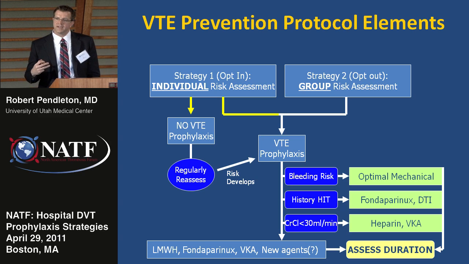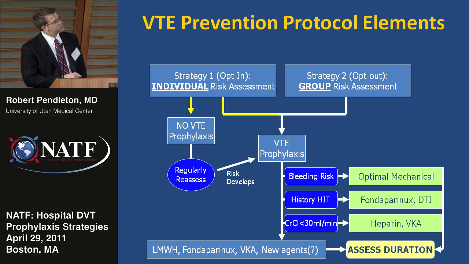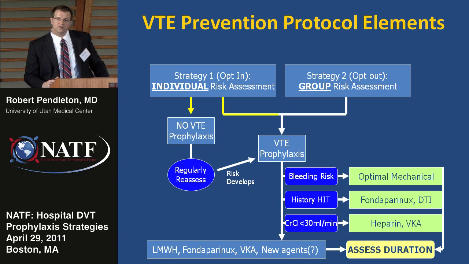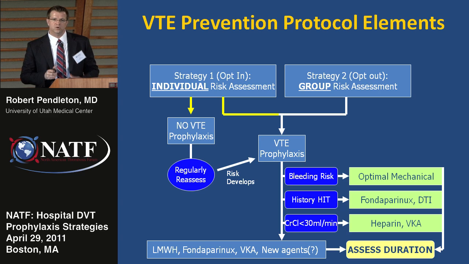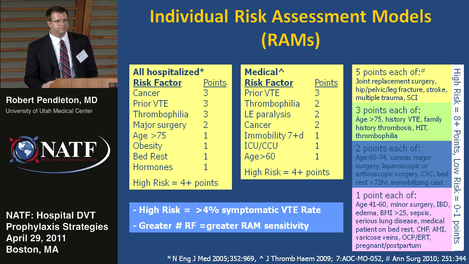Well, once we have identified a patient in need of prophylaxis, then we have to deal with potential contraindications that are going to alter our management strategy. And as Dr. Goldhaber talked about earlier, as our healthcare system changes and hospital length of stay is shorter and shorter, assessing the duration of therapy also becomes an important element.